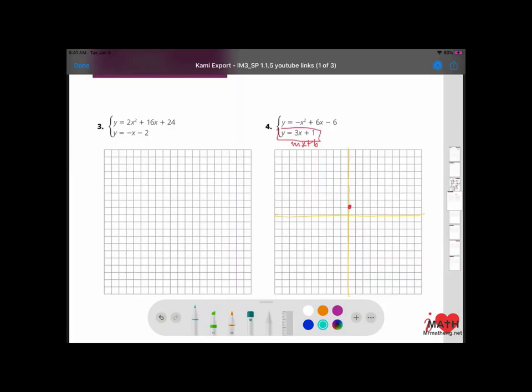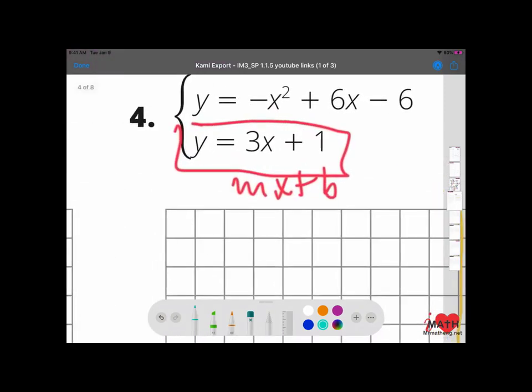Alright, so we're graphing y equals 3x plus 1. The slope is 3. Remember, you can just make that a fraction by putting it over 1. And so basically what you have is a rise of 3 and a run of 1. So that means up 3, right 1. That's how you graph a linear equation.